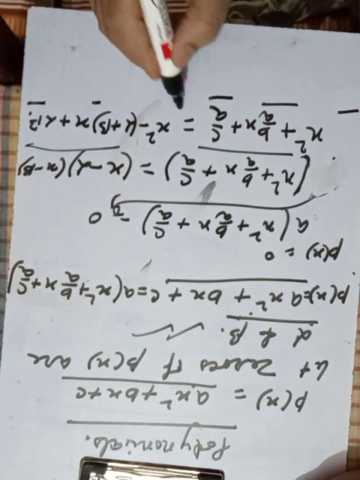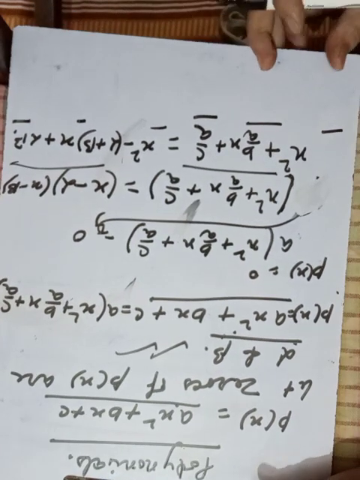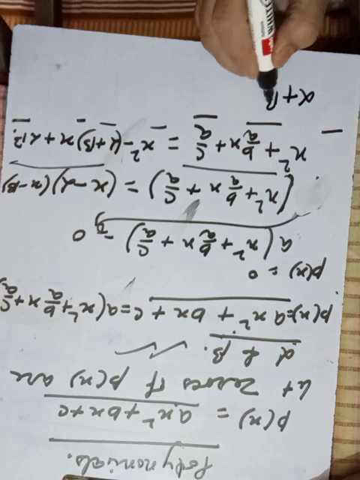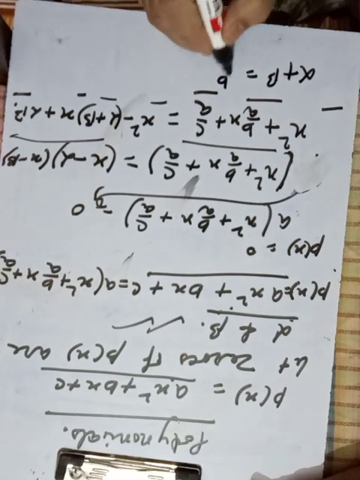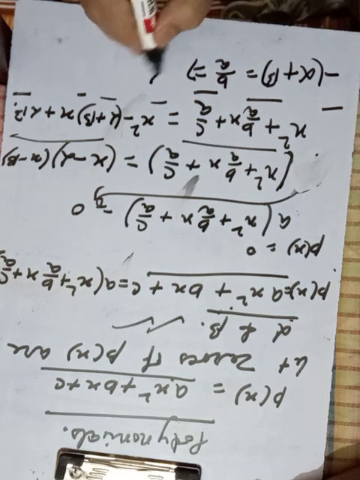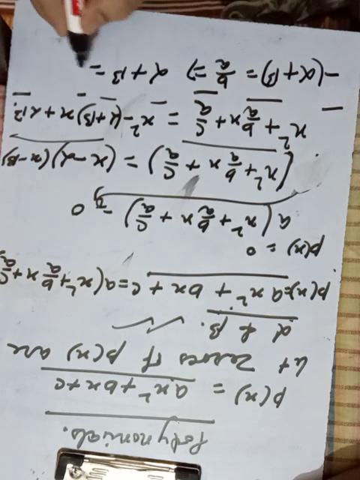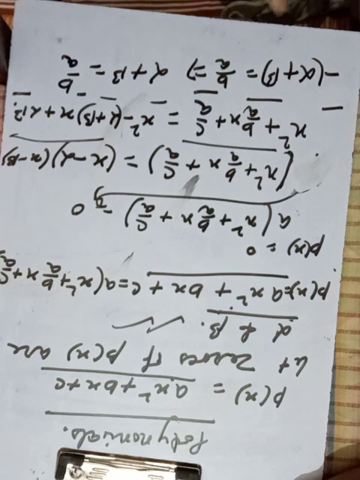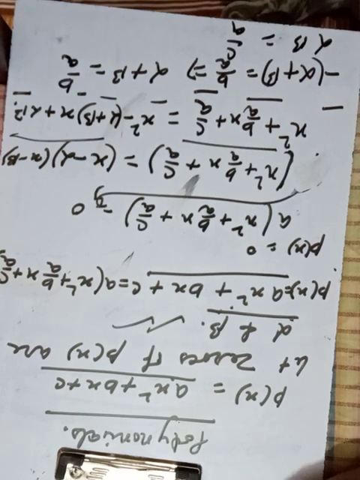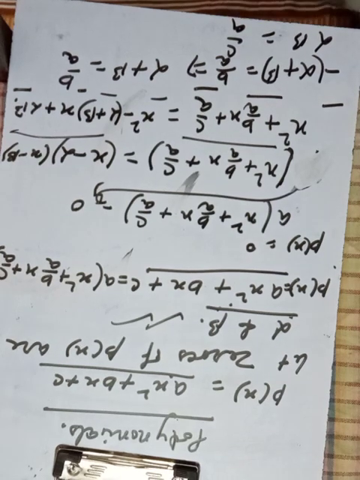So minus (alpha plus beta) becomes b by a, therefore alpha plus beta will be minus b by a. Similarly, alpha into beta will be c by a. Now you understand this. Now we go for the further part.